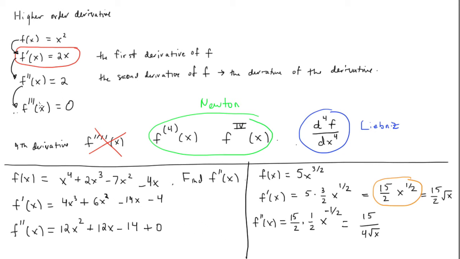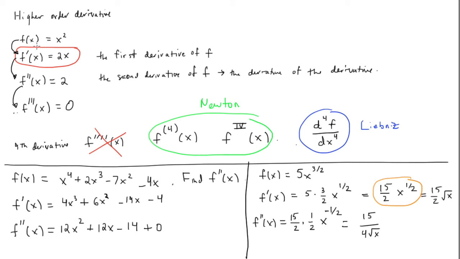So the third derivative, as we said up here, would be the derivative of the second derivative. And the fourth derivative would be the derivative of the third derivative, and so on. And so they form a little chain, and if you want to go as far down as you need to go, then you can do that without any difficulty.